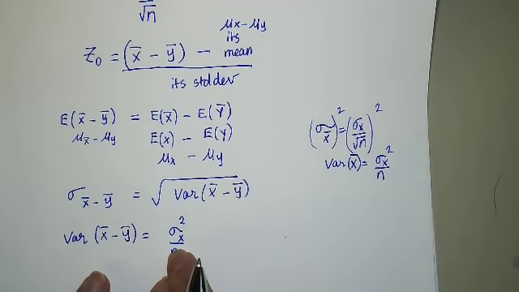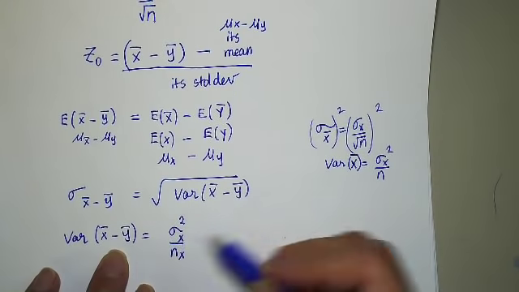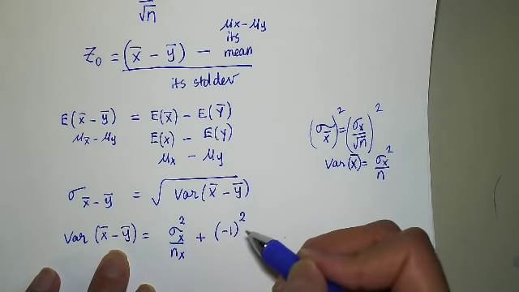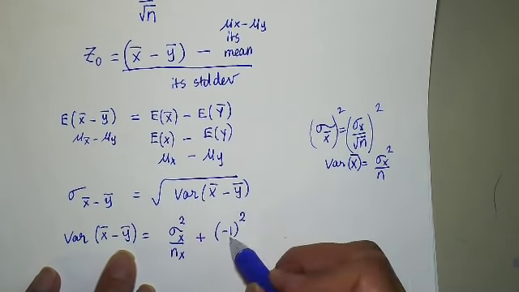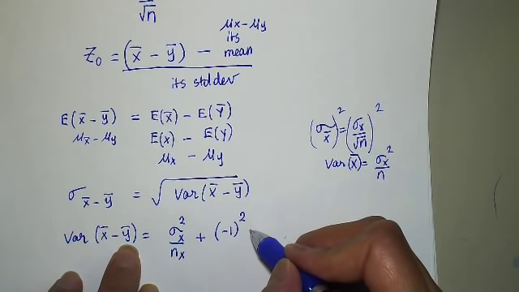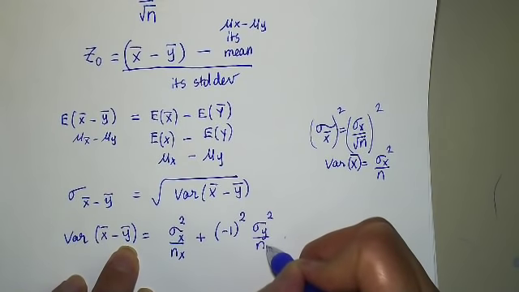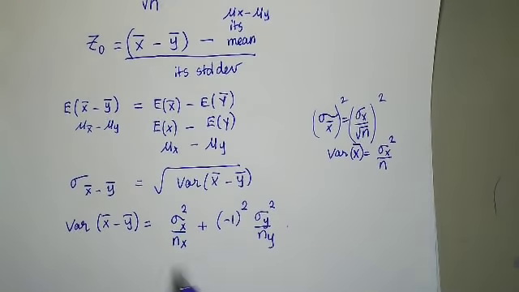Where am I getting that from? Do you remember this formula? Sigma x bar is equal to sigma x over rad n. All I'm doing is squaring both sides here. So variance of x bar is equal to sigma x squared over n. That's where I'm getting this from.